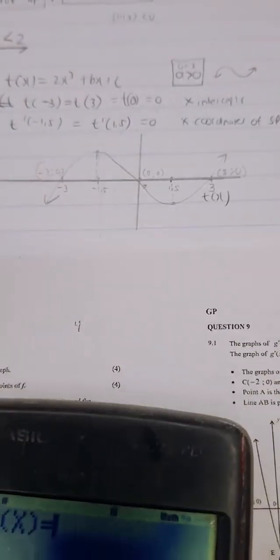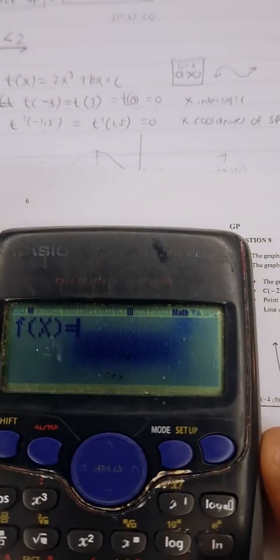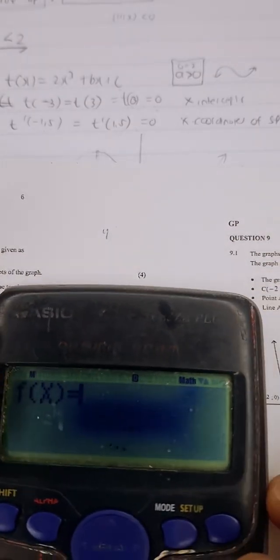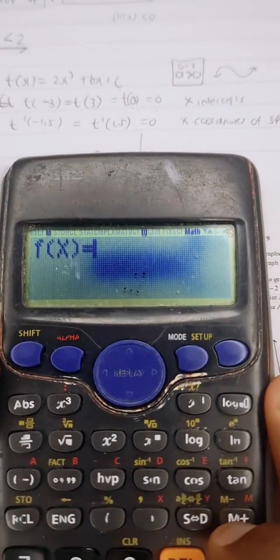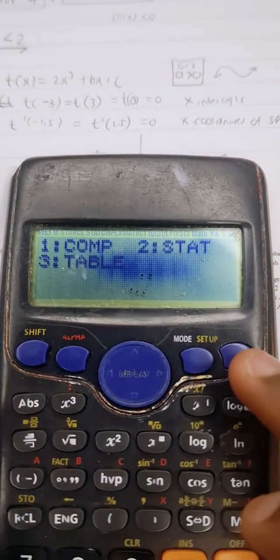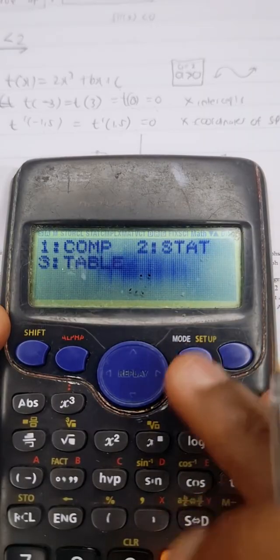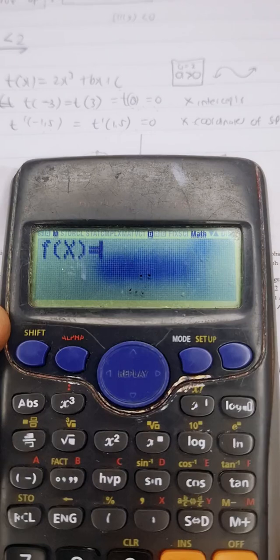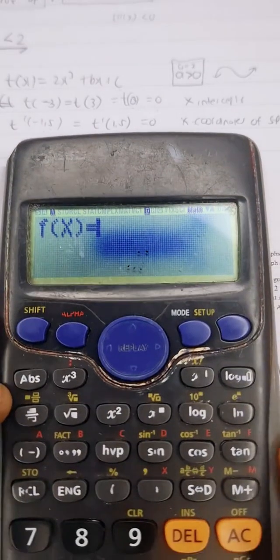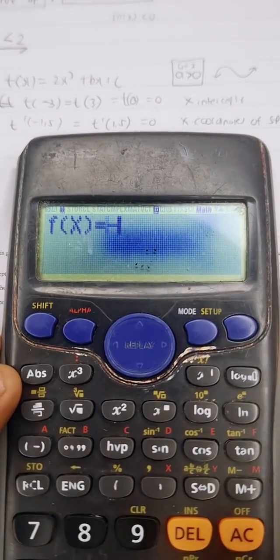It's okay, let me type it in one more time. If you say I did a mistake, the last thing I want is to have the function typed in incorrectly. So let's go back to comp, say mode, then 3 table. Oh, I didn't put the negative, did I?